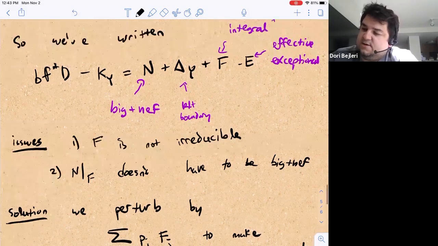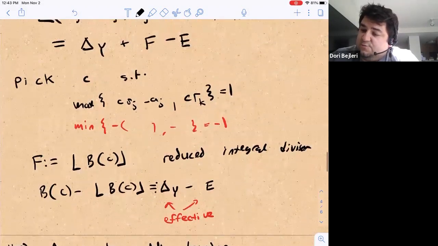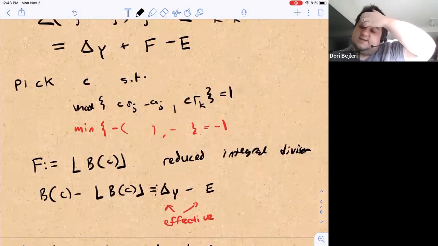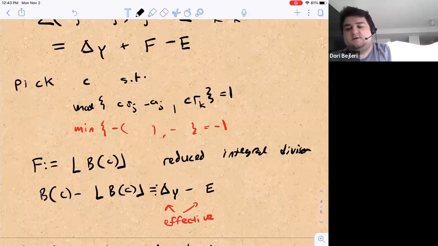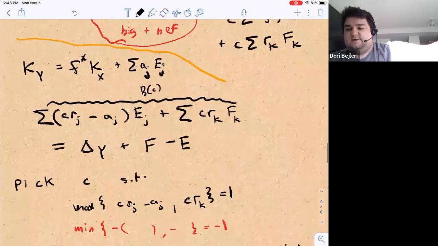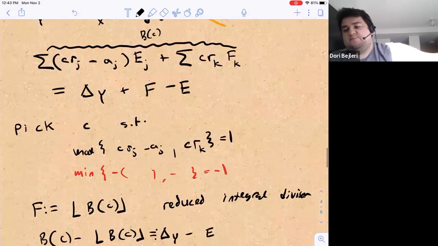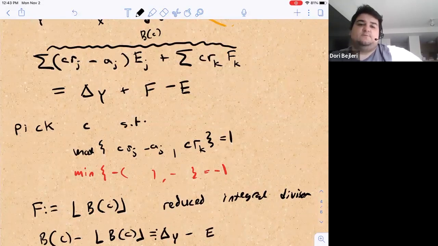So basically, if we look here, what goes wrong is there might be multiple components that achieve this maximum of 1. But if we start perturbing something by just some small coefficients in this b divisor, then we can perturb it so that when we hit this maximum, there's exactly a unique component that hits the maximum.